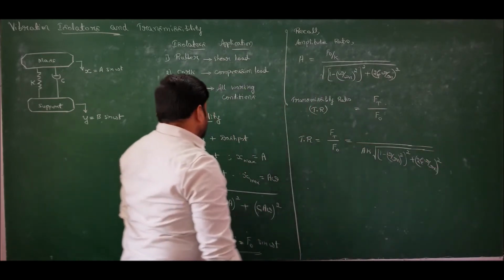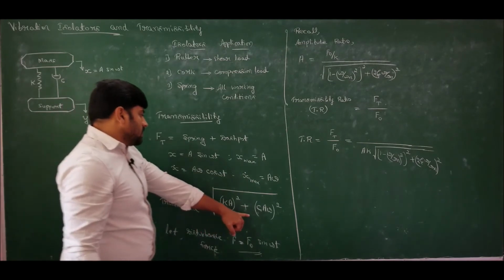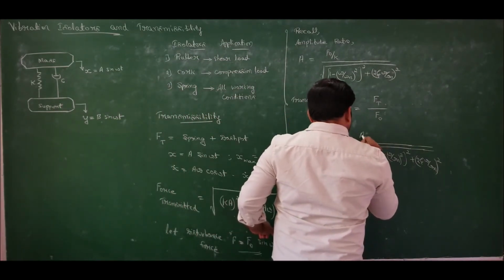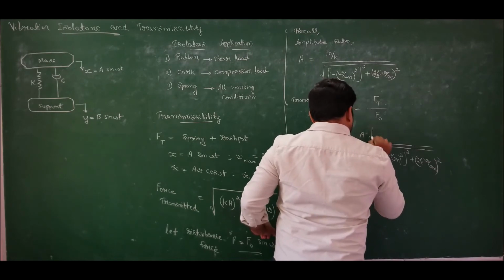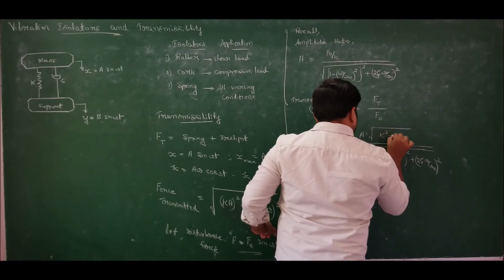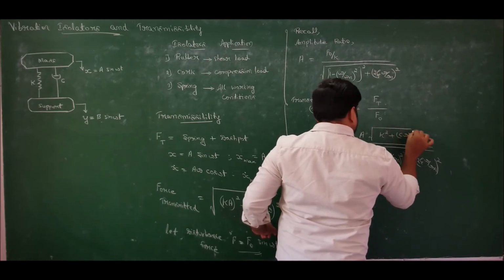Correct? Now what is the force transmitted? The force transmitted is because of the spring force and dashpot force, which is given by A into root of k square plus (c omega) whole square.